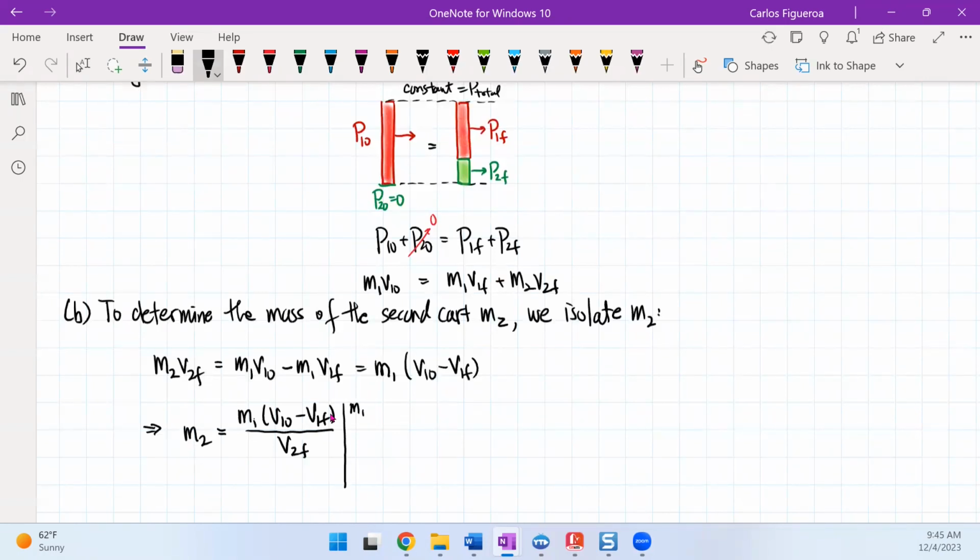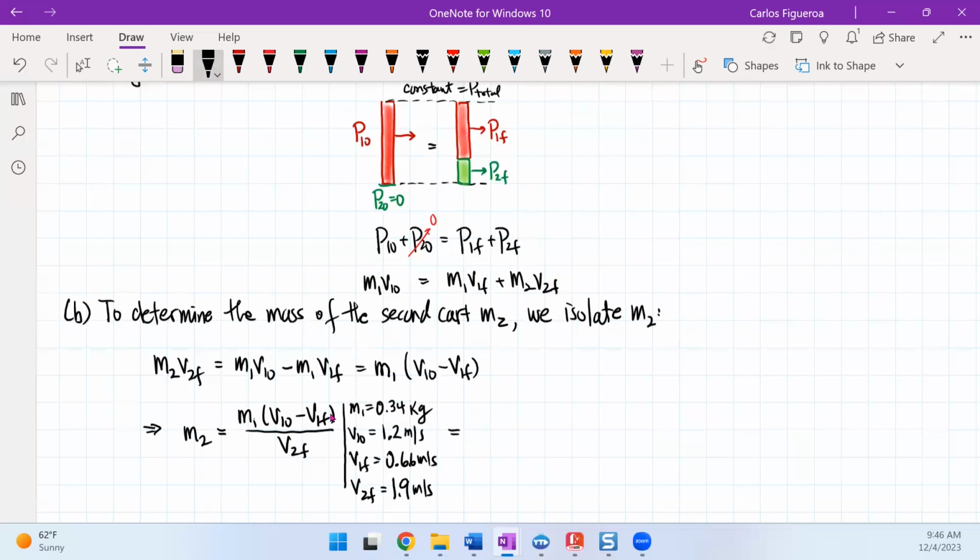We know that M1 is going to be 0.34 kilograms. Its initial speed is V1 initial. They tell us that it's 1.2 meters per second going to the right. Afterwards, it continues going to the right at a lower speed. And then cart 2 moves off at 1.9 meters per second.